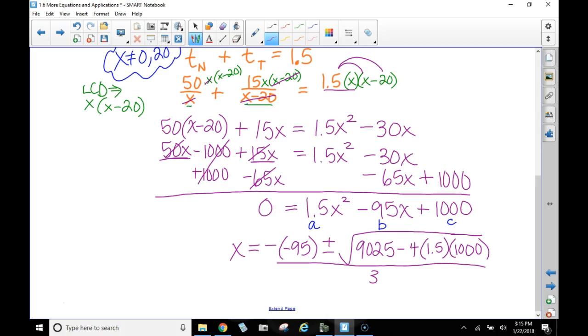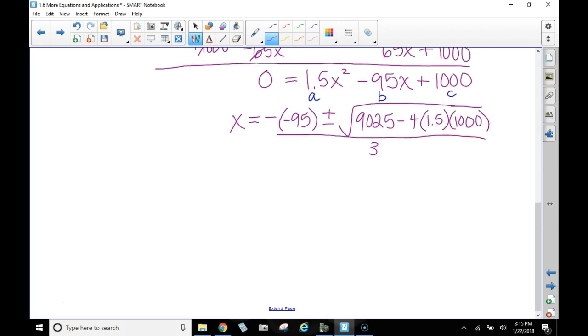All right, so let's actually get this simplified a little bit. Okay, so x, which remember that means her speed. x is her speed in the nice weather. That's what we're solving for. We have 95 plus and minus the square root of something, all divided by 3. So now on our calculator, we're going to have 9,025. Let me work underneath here.